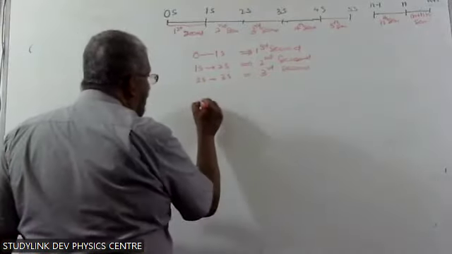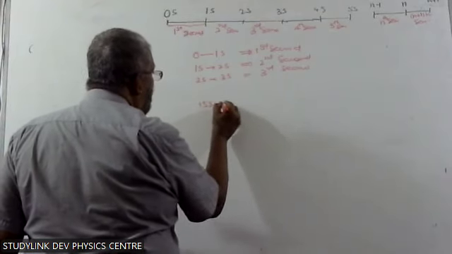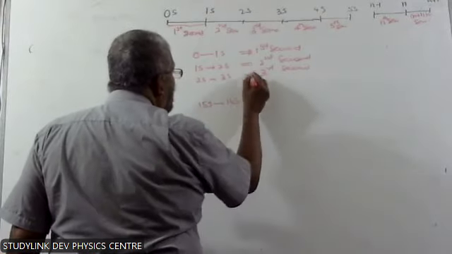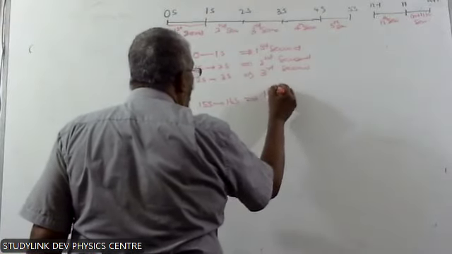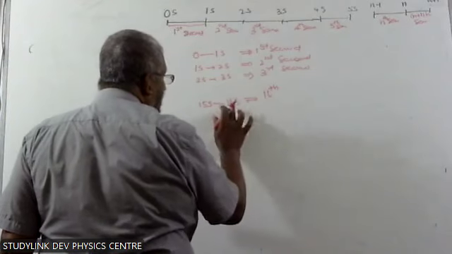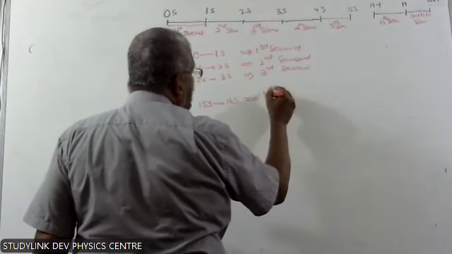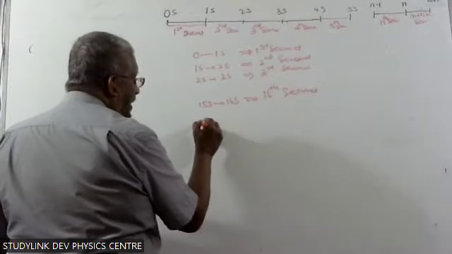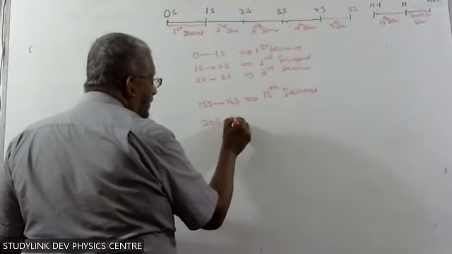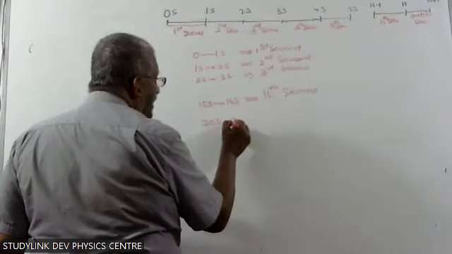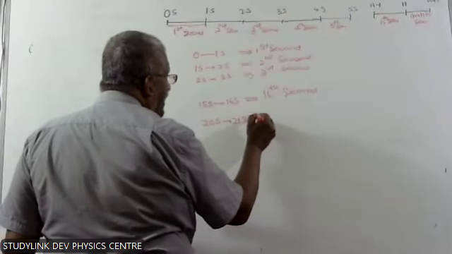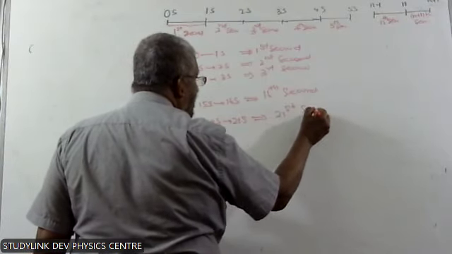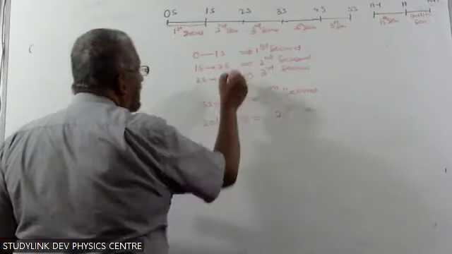We'll consider 15 seconds to 16 seconds. So this should be the 16th second. Always the next second part. The front one, 16, is the name. If it is 20 seconds to 21, then this is called the 21st second. The name comes with the second number.